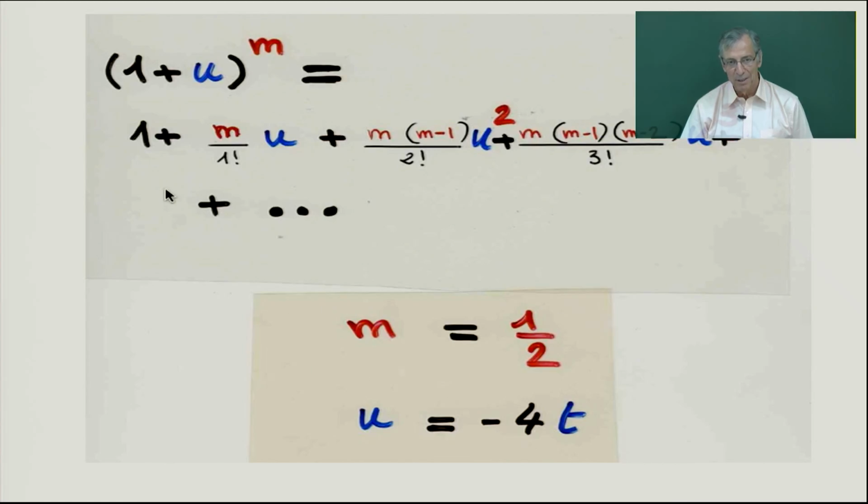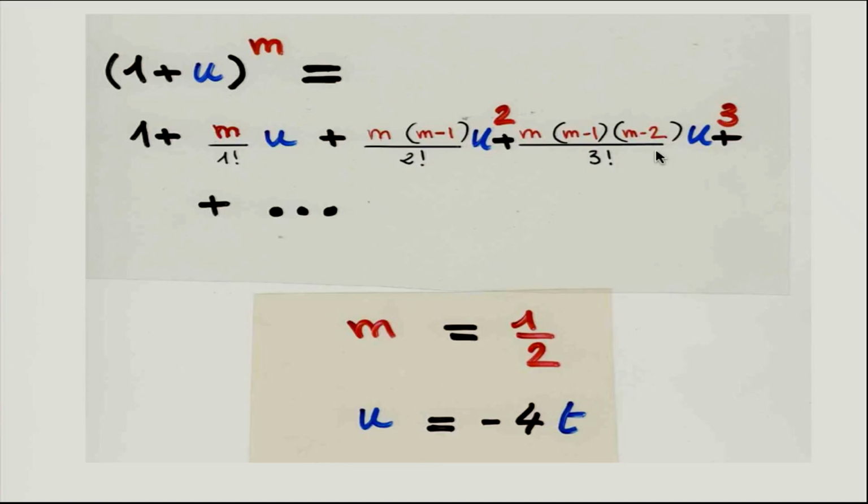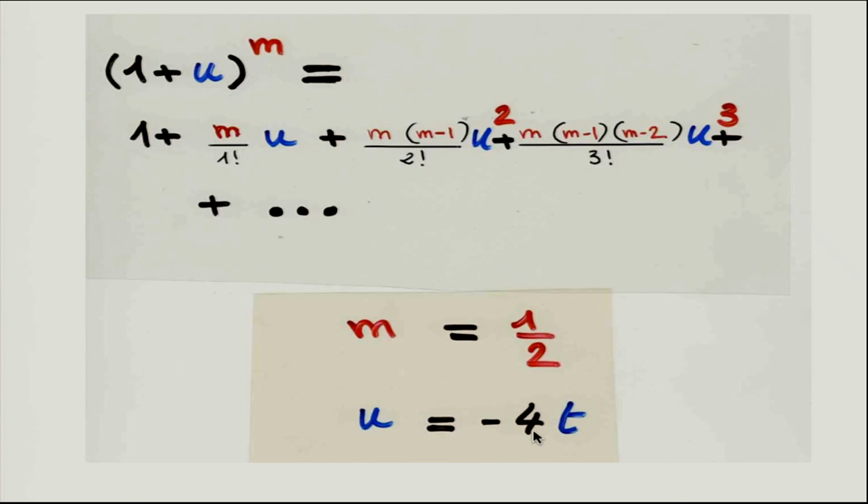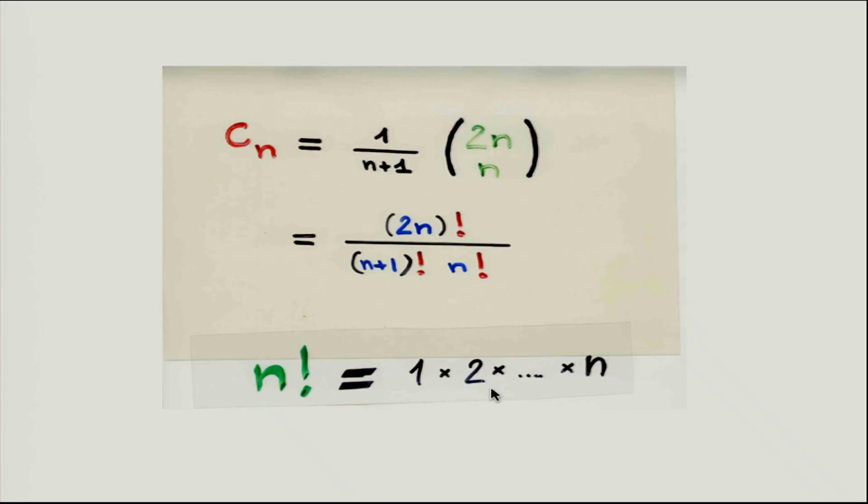If you expand it, then you get this infinite power series. And if you replace u by this one, and u by minus 4t, and alpha by 1 over 2, then you get the very classical formula for the Catalan number, 1 over n plus 1 times binomial 2n choose n. So they are everywhere, the Catalan numbers.